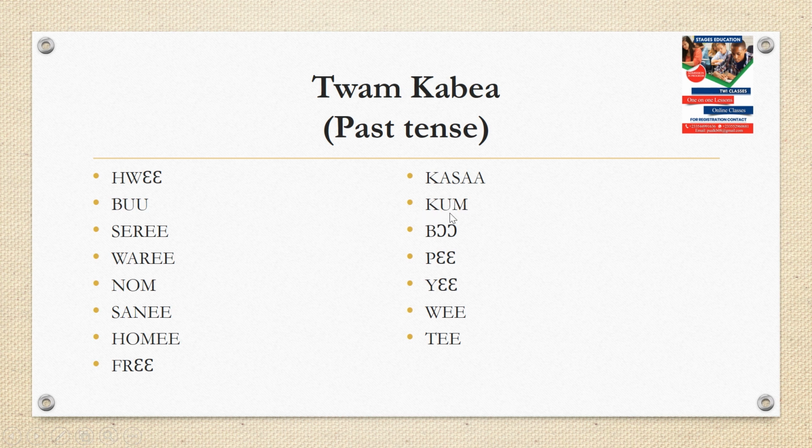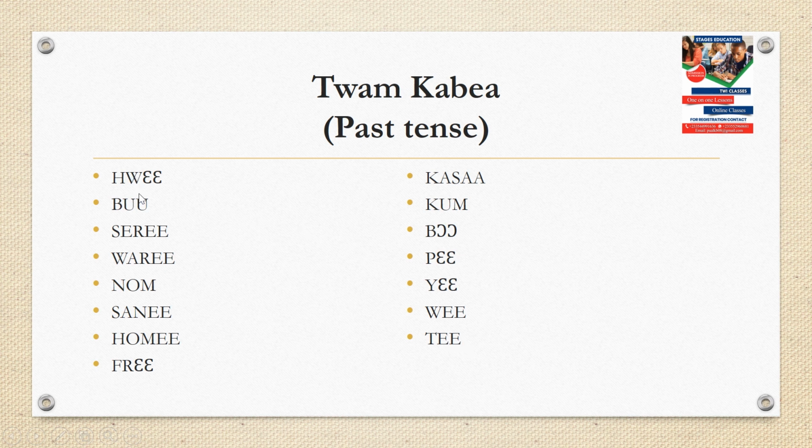And we have kum, to kill. Bɔ. The present tense, remember, is bɔ, but because we've added another ɔ to it to get the past, it becomes bɔɔ. Pɛ becomes pɛɛ. Yɛ becomes yɛɛ.